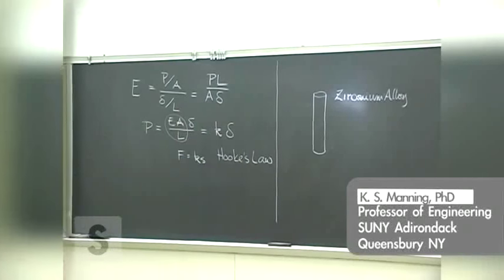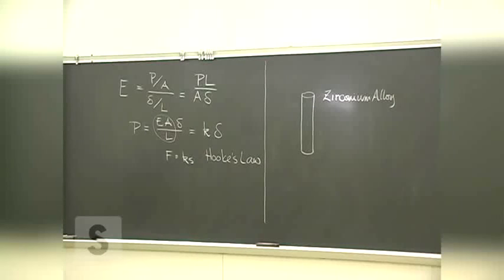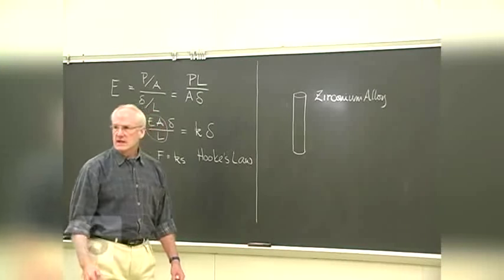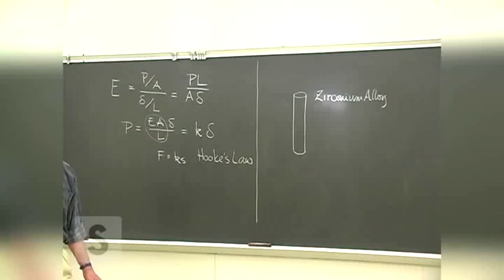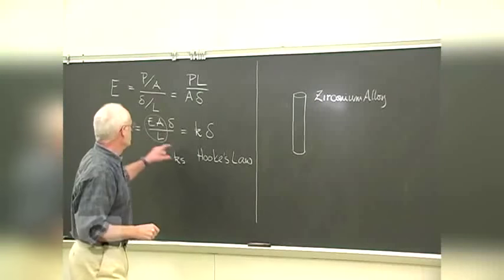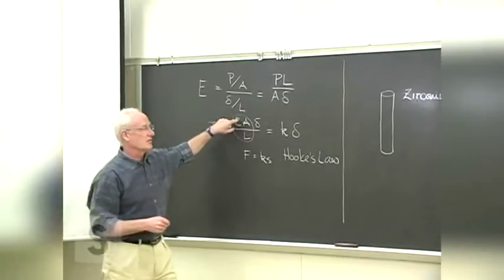Regular steels in a nuclear atmosphere, if you will, where there's a lot of bombardment due to different radioactive decay particles, change drastically under that kind of bombardment, which means the modulus of elasticity changes drastically.